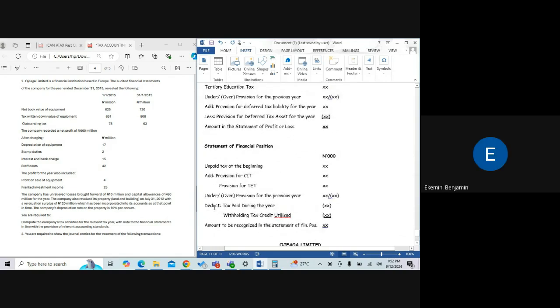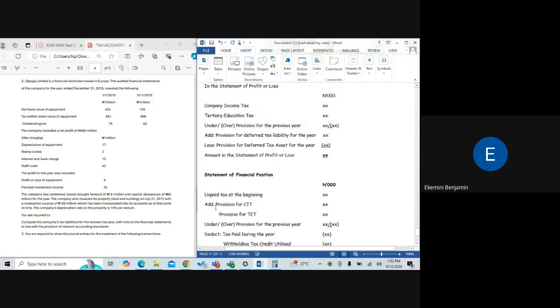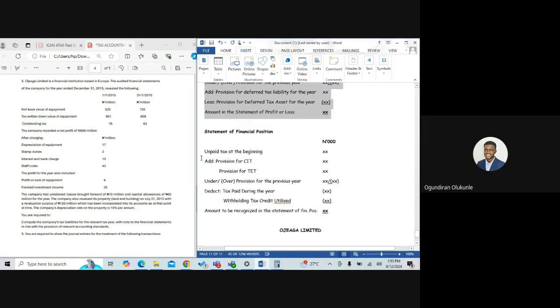Do you understand it now? The profit or loss contains the expenditure, the expenses side of things. So this whole thing makes the tax expense for the year, while this other one makes the tax liability for the year, the closing tax liability for the year. Do you get it now?